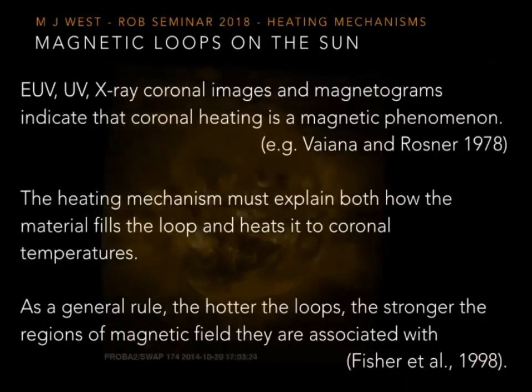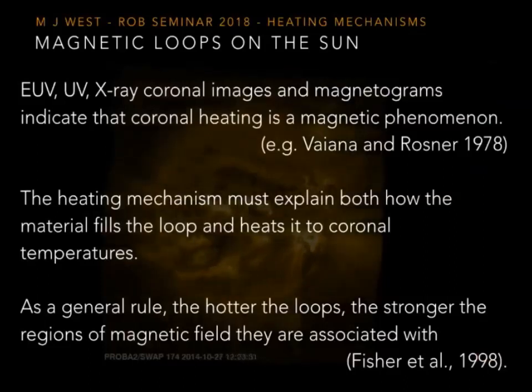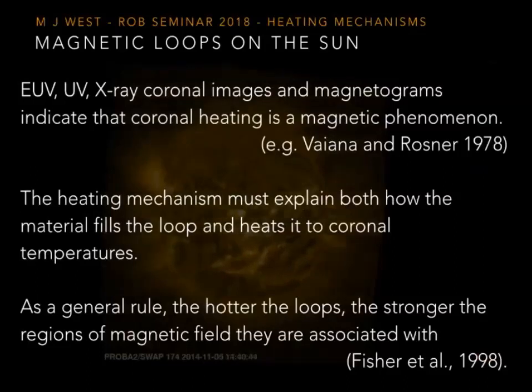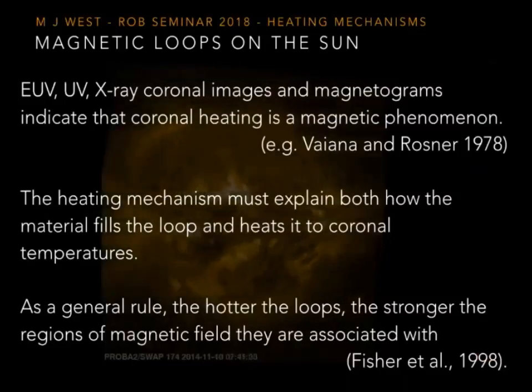First of all, the EUV, UV, and X-ray coronal images and magnetograms indicate that coronal heating is a magnetic phenomenon. And the heating mechanism must explain both how the material fills the loops and heats it to coronal temperatures, as well as background emission.